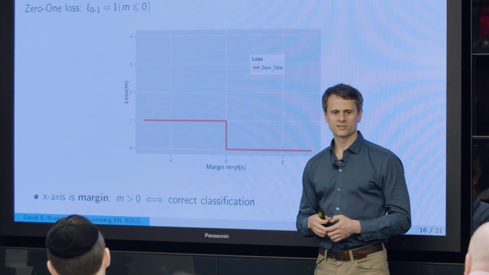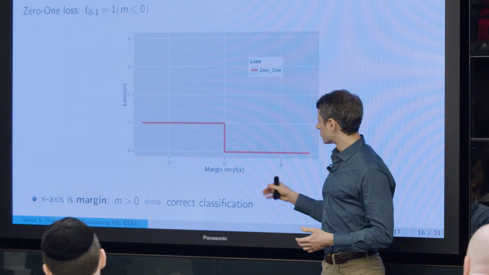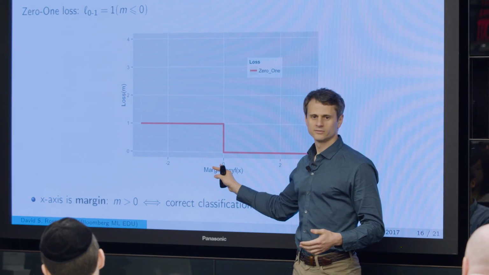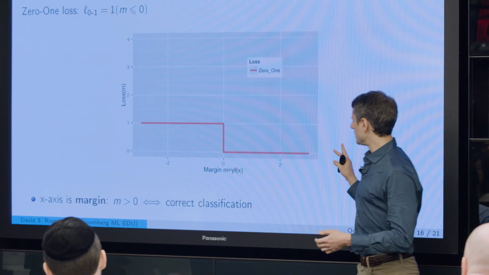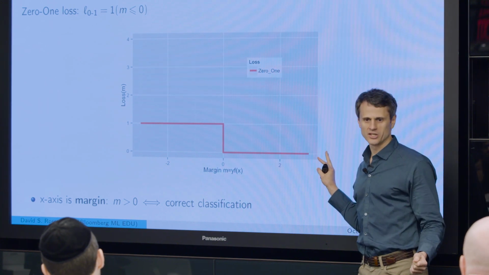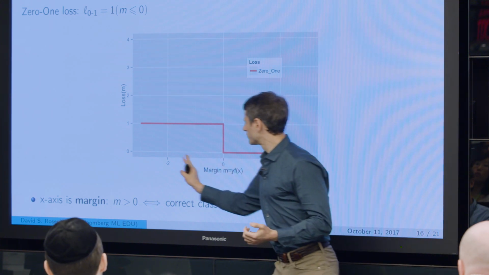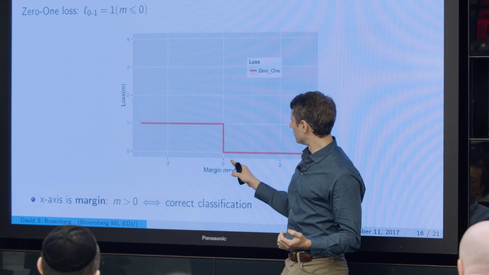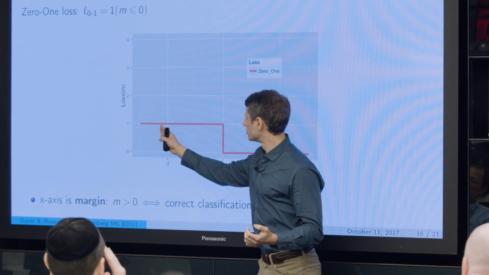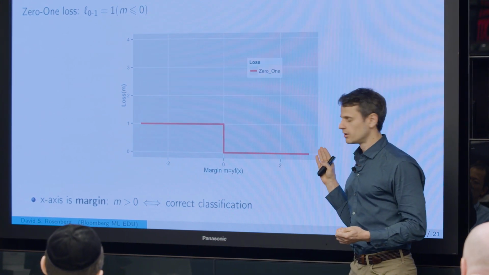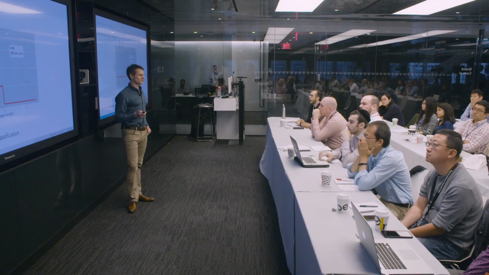So y f of x is the margin. Which side of 0 is the good side? To the right. A positive margin means correct classification, because our prediction score has the same sign as the actual class. And to the left is bad. So we see that the loss on the bad side is uniformly 1, and then the loss is 0 when we're above 0.